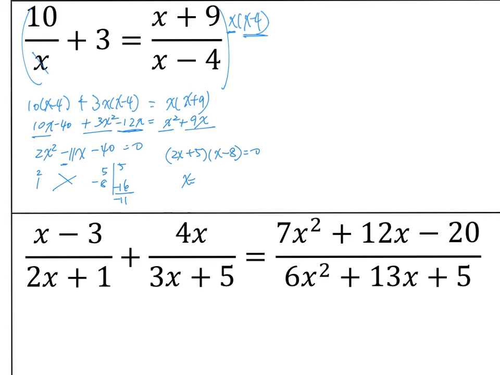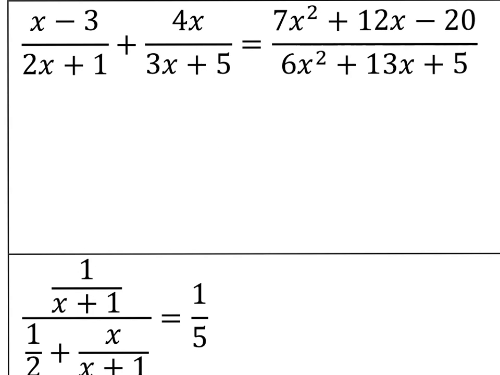So you have x equals negative 5 over 2 and 8. And if you check your solutions, they won't produce a denominator of 0, so these are not extraneous solutions.